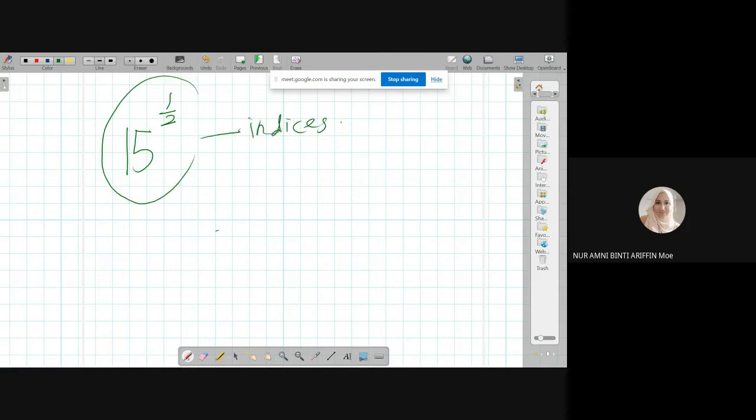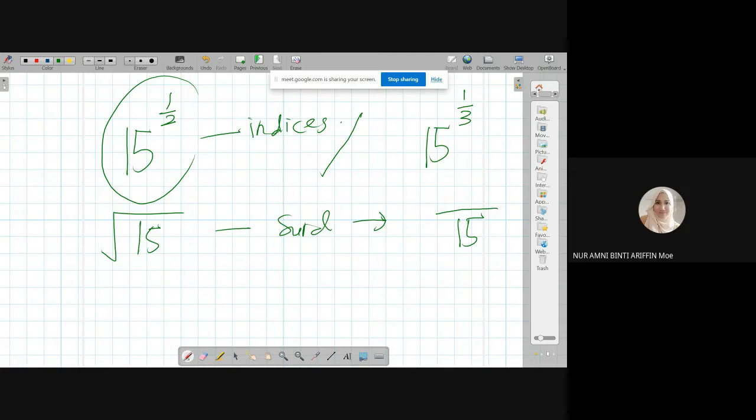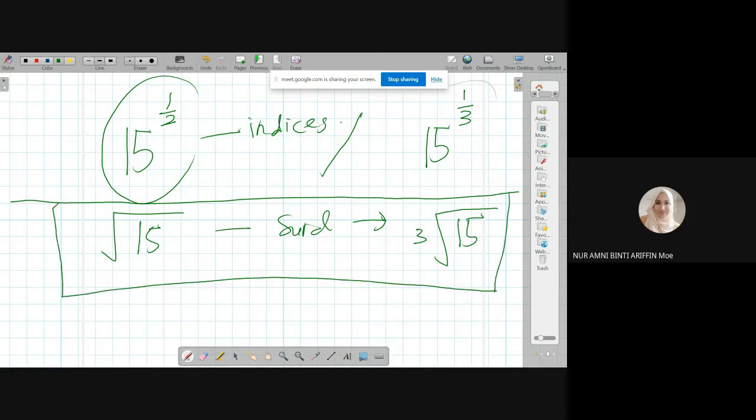But in the surd form it is 15 square root. Or let's say I put 15 1/3. In the surd form it is 15 root of power 3. So in the topic of surd, we didn't use this form. We just use only this form.